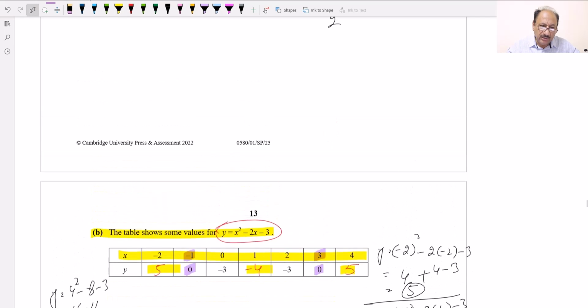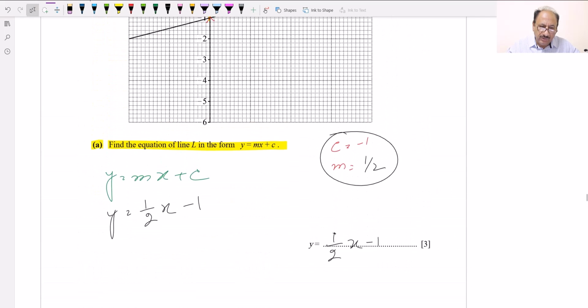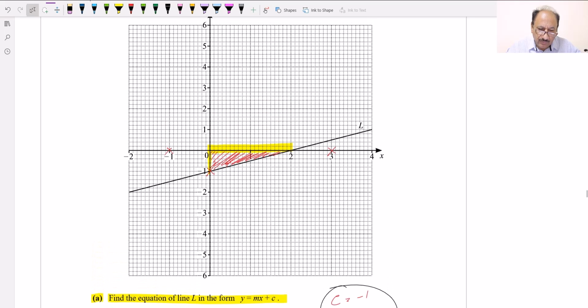We can check the line of symmetry. This is 1 unit, 2 unit, 3 unit and 4 unit, so the middle will be 2 units. So 1 will be the line of symmetry. If we draw accurately, this one will be the line of symmetry.